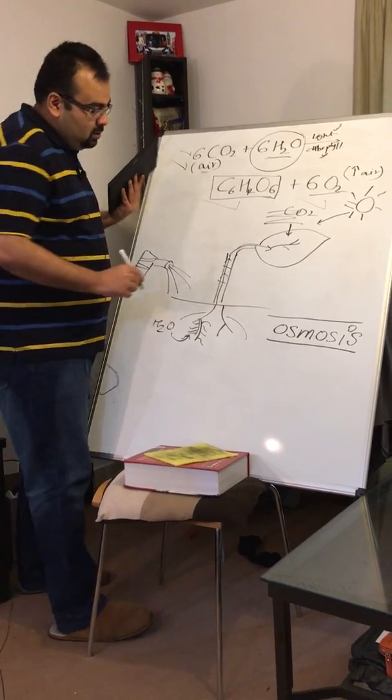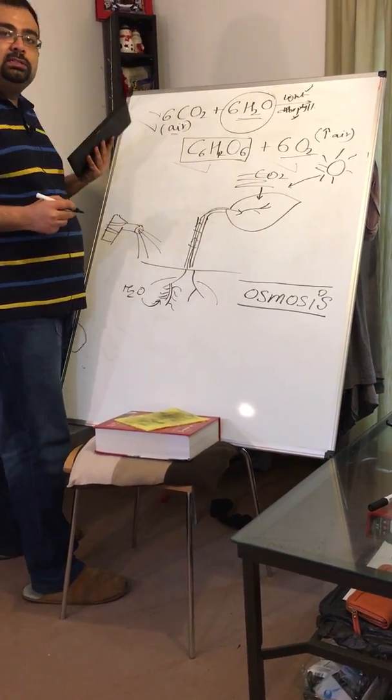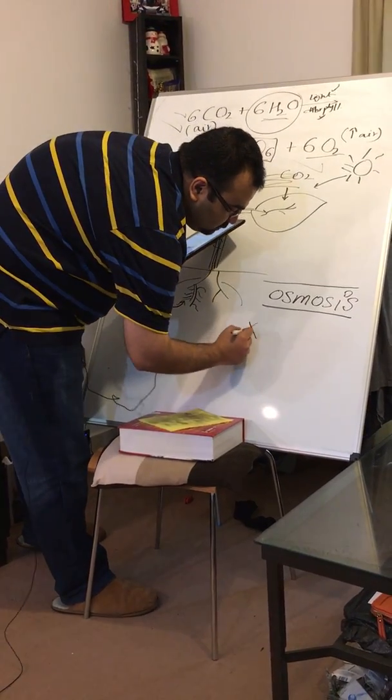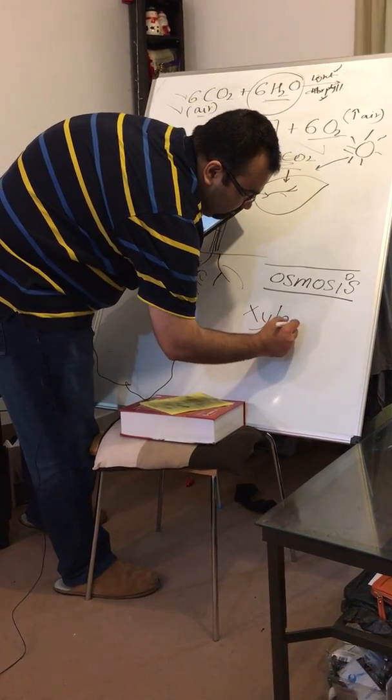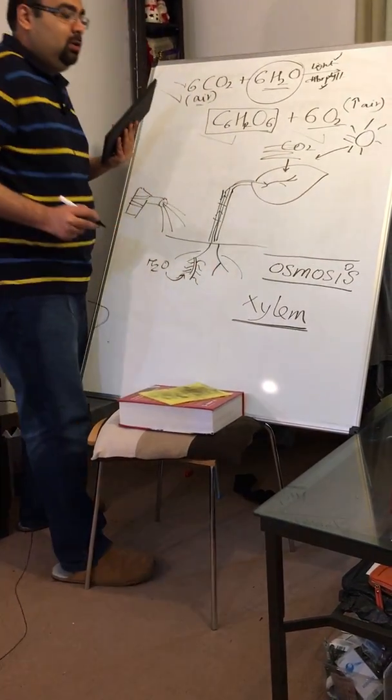What are these structures through which water is traveling inside the stem? It is called the xylem. Another word that I have given you for your vocabulary.